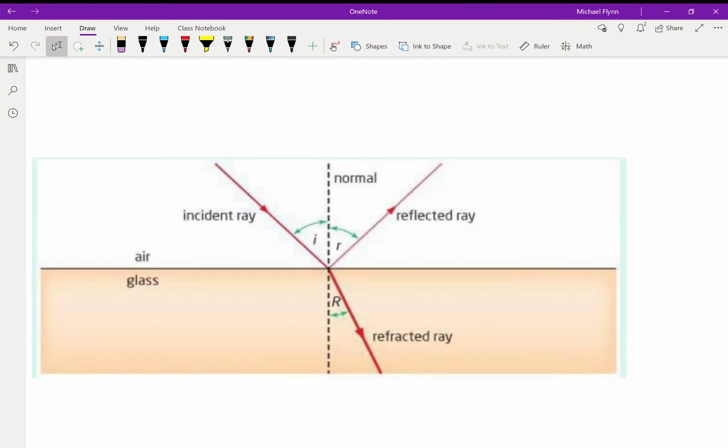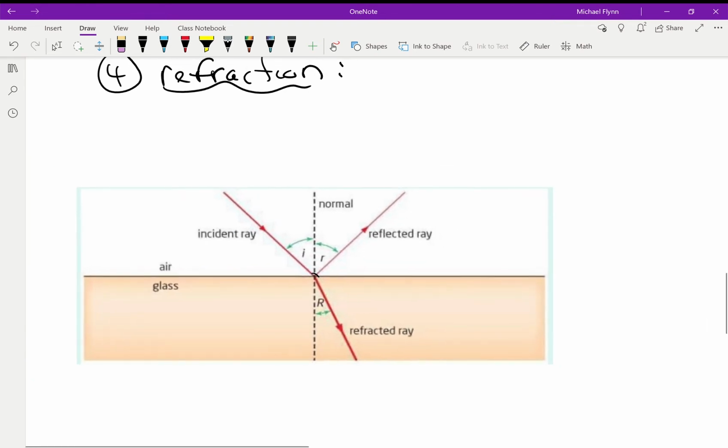Light will bounce off the glass, that's just reflection off the top. But light also goes through the glass, and when it does, it changes direction. The light was supposed to go along this straight line here, but it didn't do that. It bent, so that incident ray of light got bent, and that's refraction.